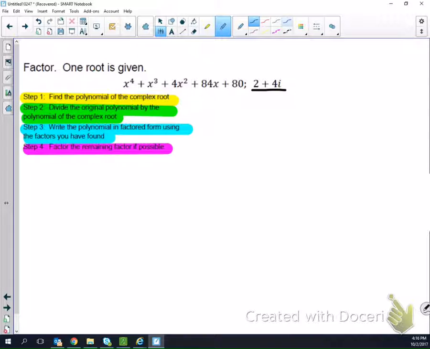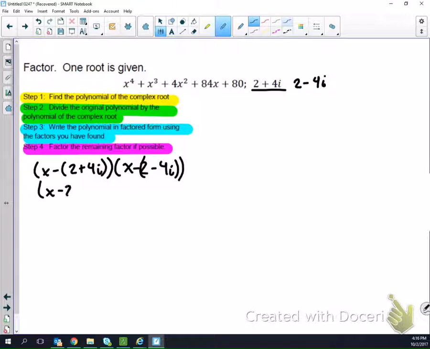Here's my complex number, so its conjugate pair is going to be 2 minus 4i. So they're going to be my 2 that I'm going to start with. So we've got x minus the 2 plus 4i multiplied by x minus 2 minus 4i. Go ahead and distribute through that minus, so minus 2 minus 4i, and then x minus 2 plus 4i.